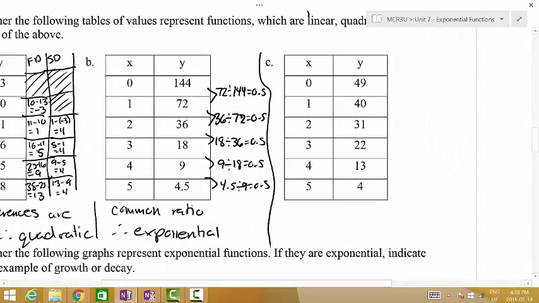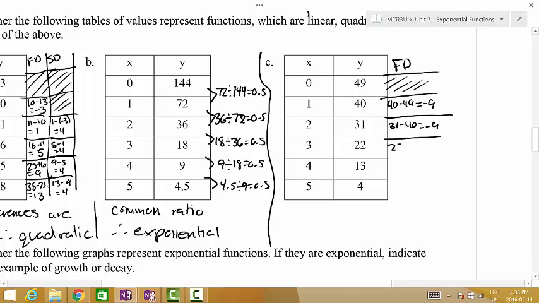The last one we have here is C. If we look for the first differences, again, there's nothing above that 49, so we don't have anything there. Then we have 40 minus 49, so we're taking the y value, subtracting the one above it. It gives us negative 9. 31 minus 40, negative 9.